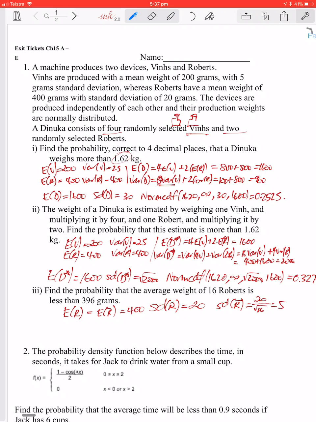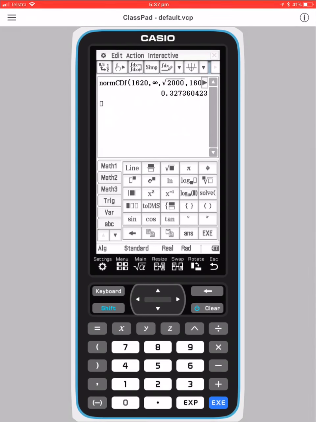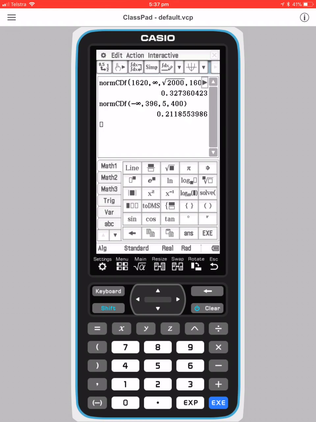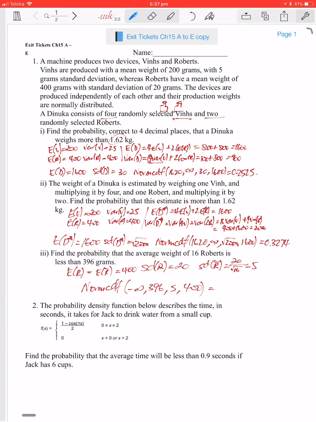The average weight is less than 396, so we want to use norm CDF: negative infinity to 396, with standard deviation 5 and mean 400. That gives 0.2119.